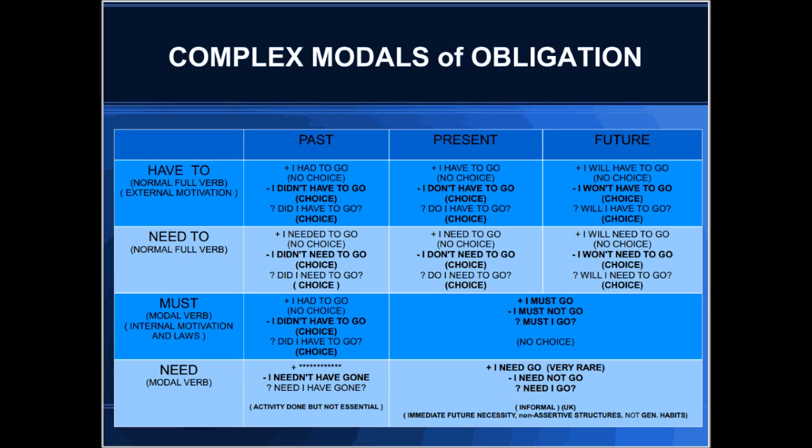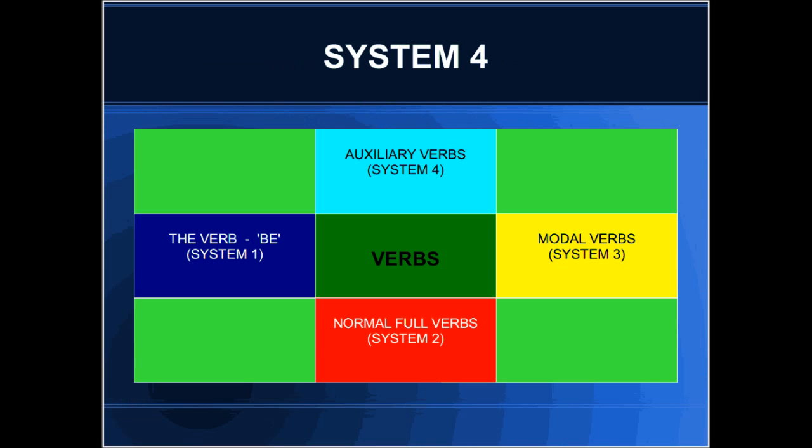So we've gone through three systems already. System 1, the verb be, System 2, full normal verbs, System 3, the modal verbs, and System 4, the auxiliary verbs. Well, we haven't actually done that. We're going to go into that right now, which is the last part.